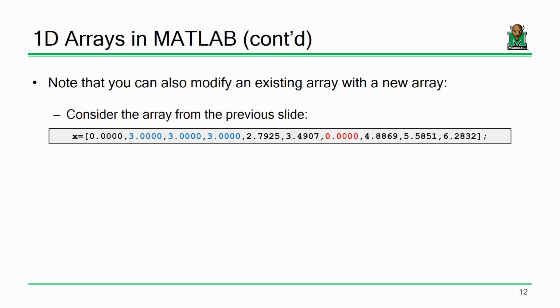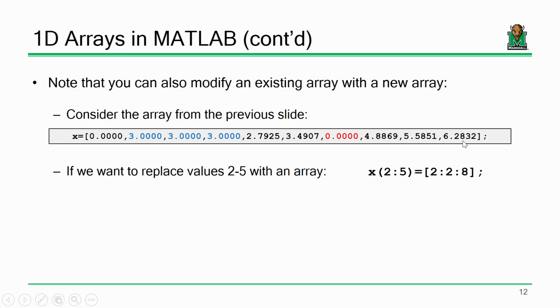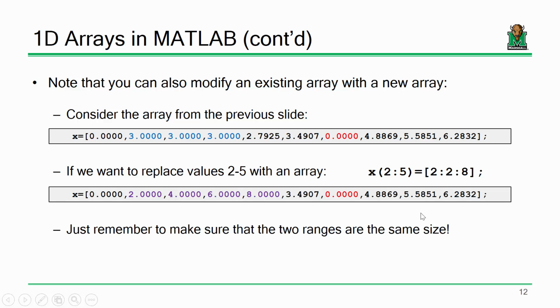Okay, so here's our X array from before. This is where X stands right now. What if we wanted to replace values 2 through 5, so 2, 3, 4, 5, with an array?